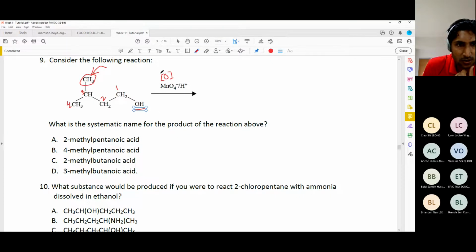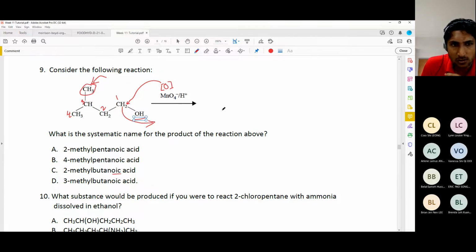One oxygen will go in here, the hydrogen will go out. So this will be a carboxylic acid then. So 3-methyl butanoic acid, "oic" will be added if it is a carboxylic acid. How will it look like?